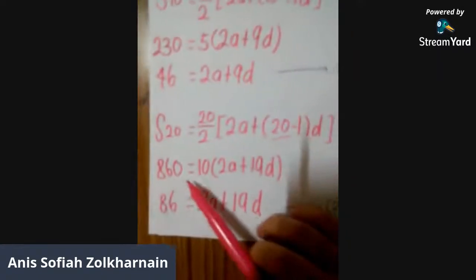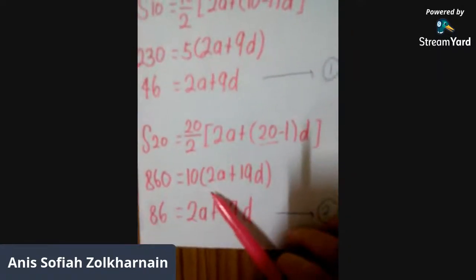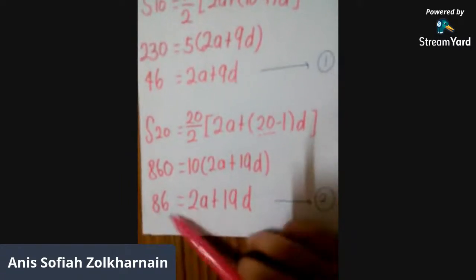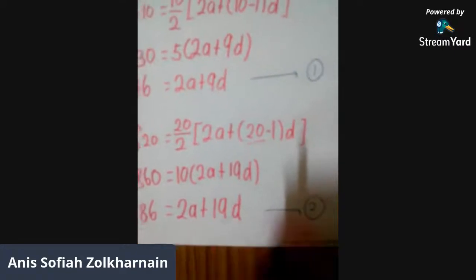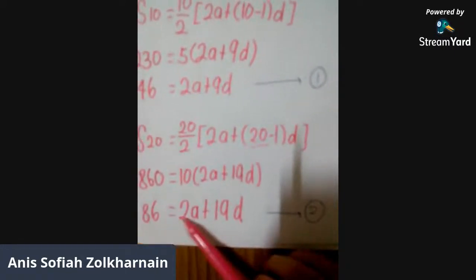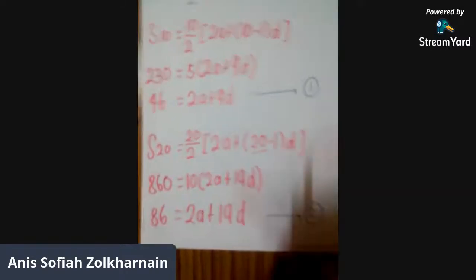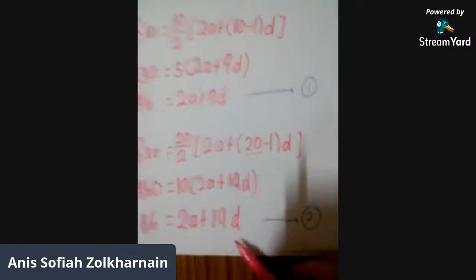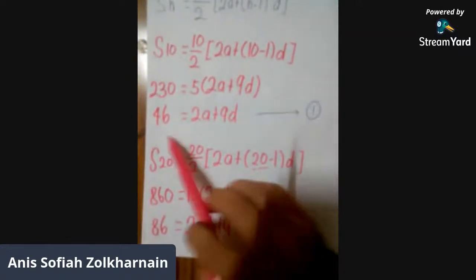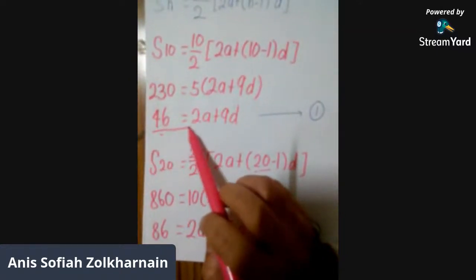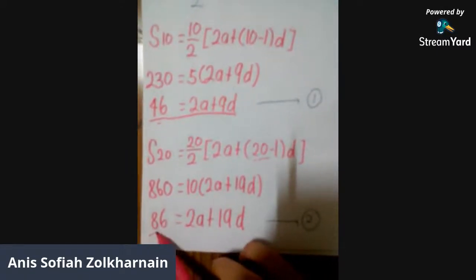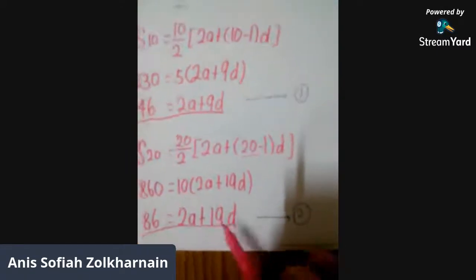So 860 equals 10 in bracket 2a plus 19d. So we simplify this equation, and we get 86 equals 2a plus 19d. So we already have two equations here, which are 46 equals 2a plus 9d, and 86 equals 2a plus 19d.